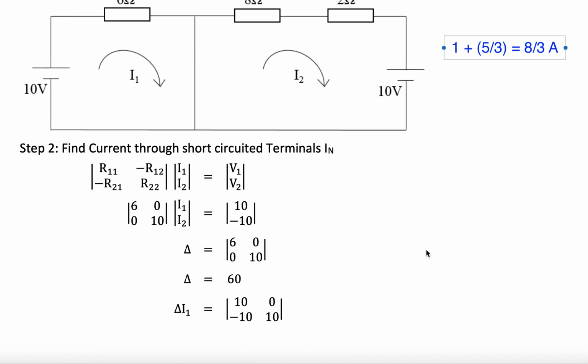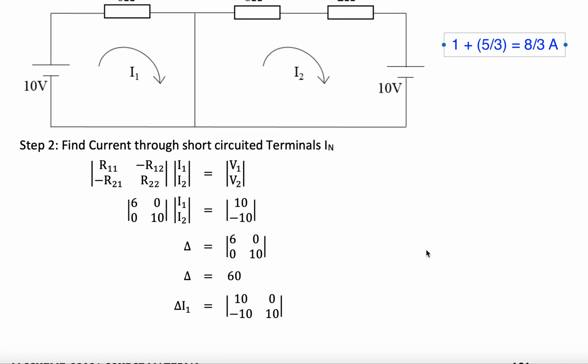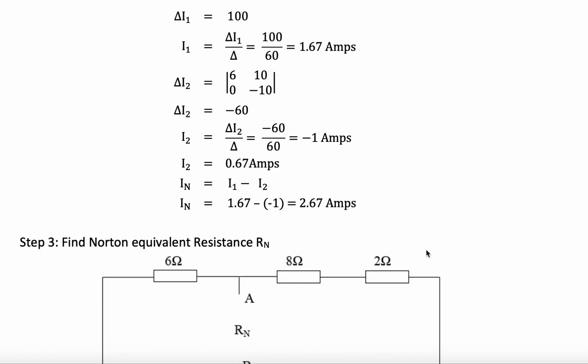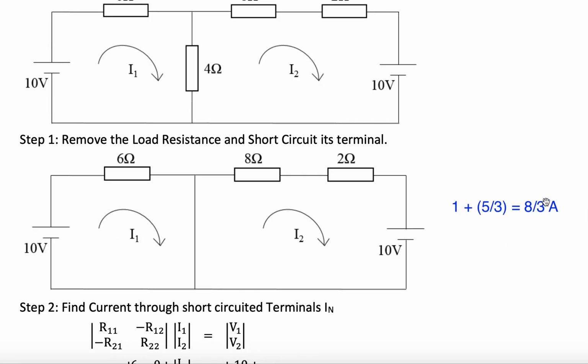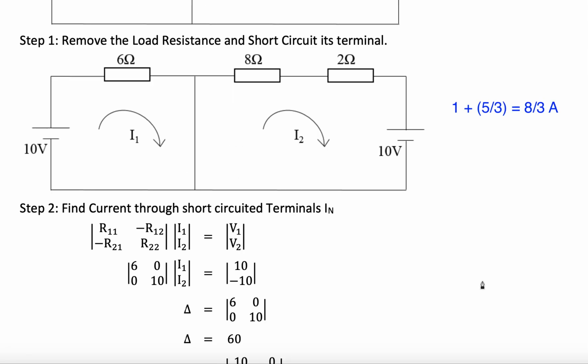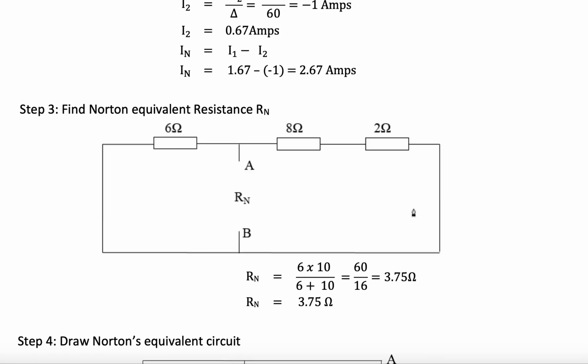Okay, 8 by 3 is how much? 2.67. Sorry, my bad. Take it as 8 by 3 as well, no problem, that is 8 by 3.